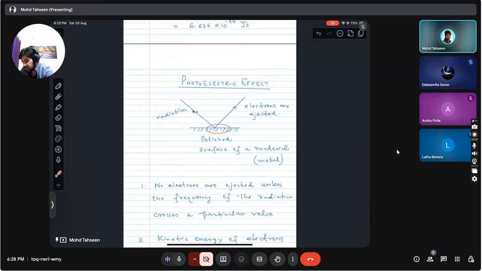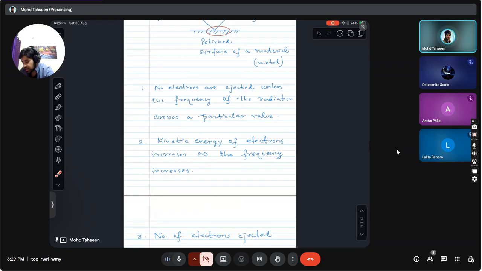It says that there is an incoming radiation on a polished surface, and if we increase the frequency of this radiation beyond a certain value, electrons will be emitted from the polished surface. The kinetic energy of these ejected electrons is directly proportional to the frequency of this radiation.